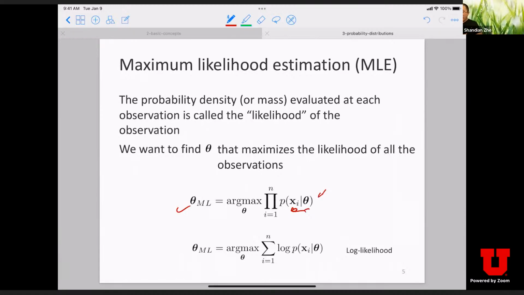When we directly maximize the product of the likelihood of n observations, this is usually numerically unstable. Why? Because each one can be very small, if it is between 0 and 1. So a more stable approach is to take a logarithm over them. It won't change the maximum.